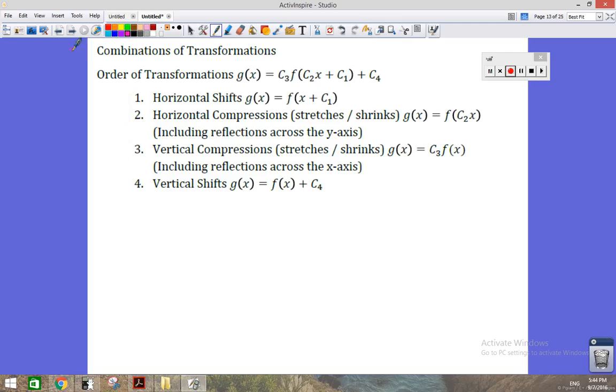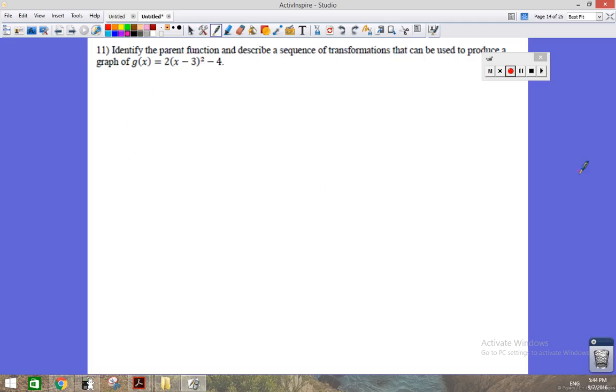All right, so let's take a look then. Here we have a parent function that's x squared. So let's call it f of x equals x squared. And the first thing that we think of is shifts to the left or to the right, and that's this minus 3 that's on the inside. So we're always going to start with the transformations on the domain, on the x, and then work outward and do transformations on the y.